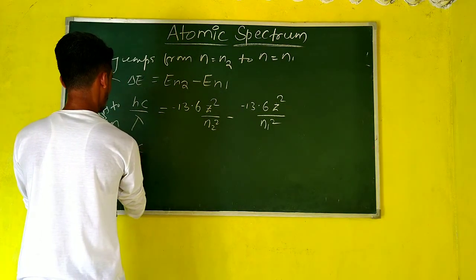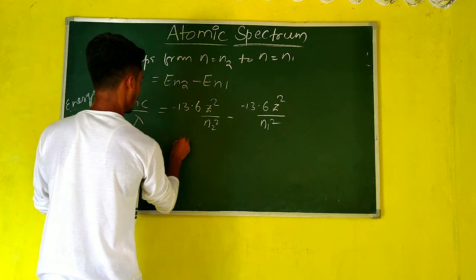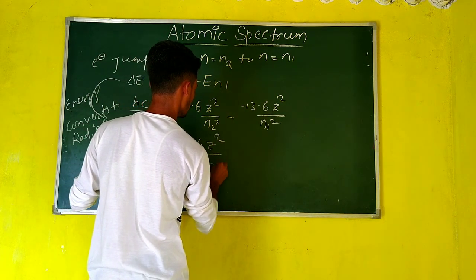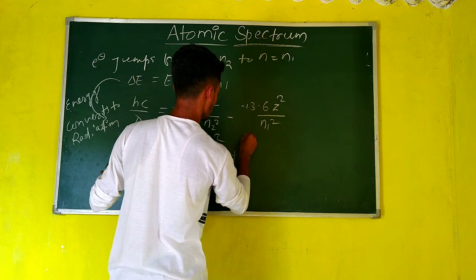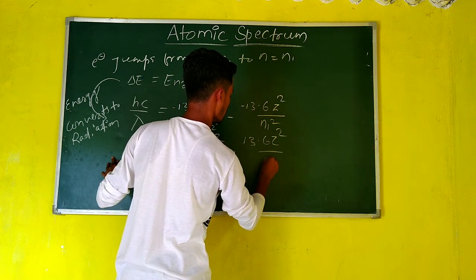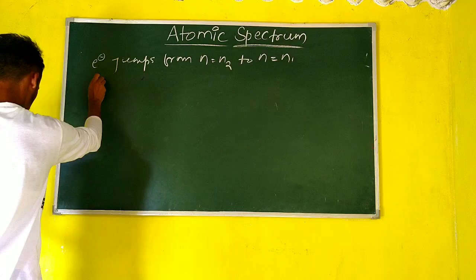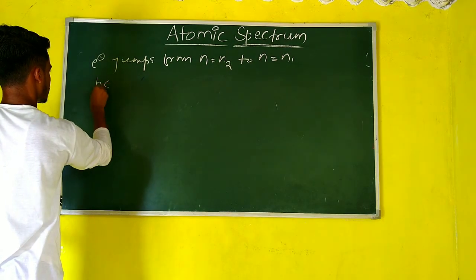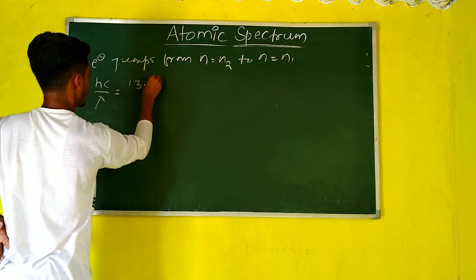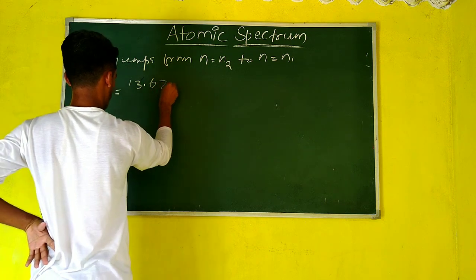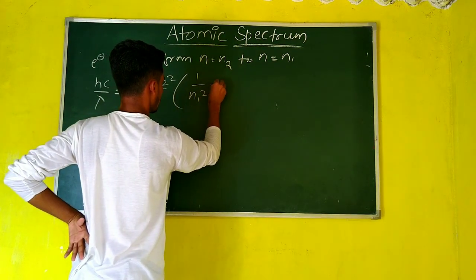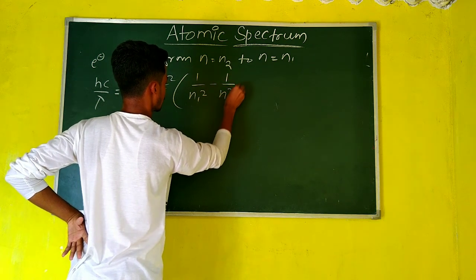So hc by lambda equal to minus 13.6 z square by n2 square plus 13.6 z square by n1 square. Then hc by lambda equal to 13.6 z square common, then 1 by n1 square minus 1 by n2 square.